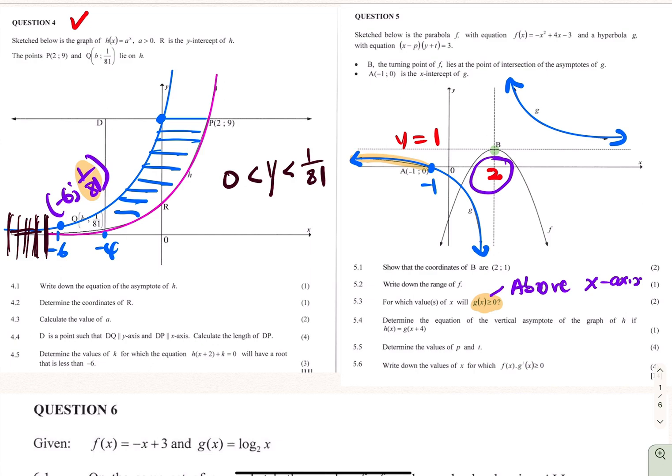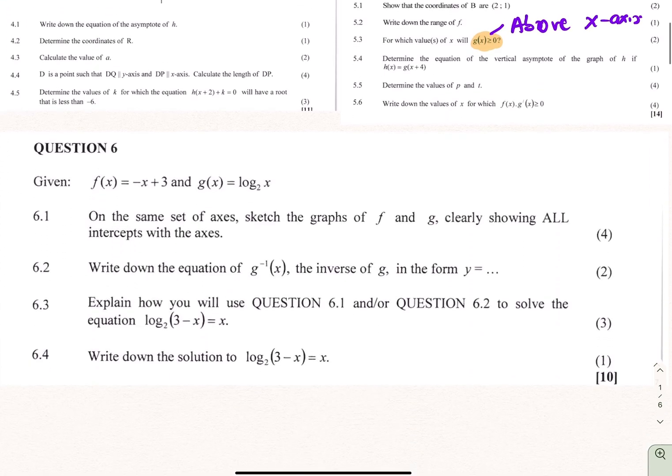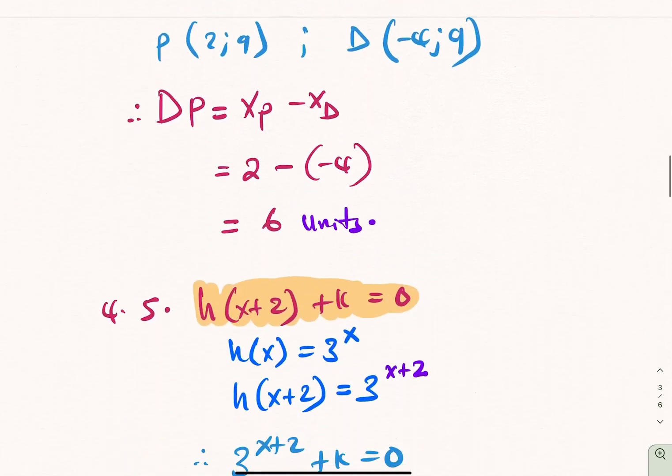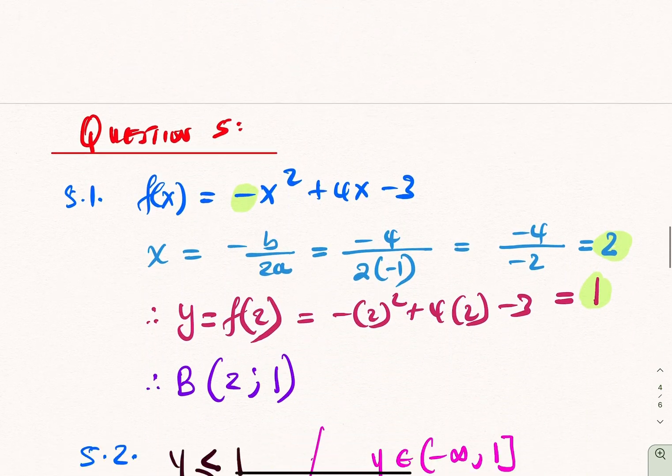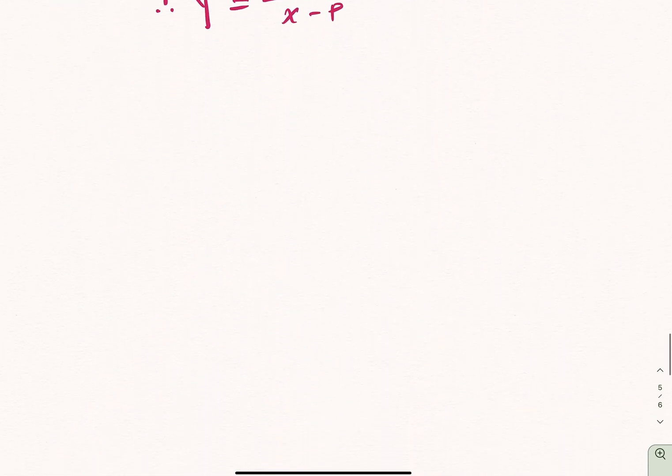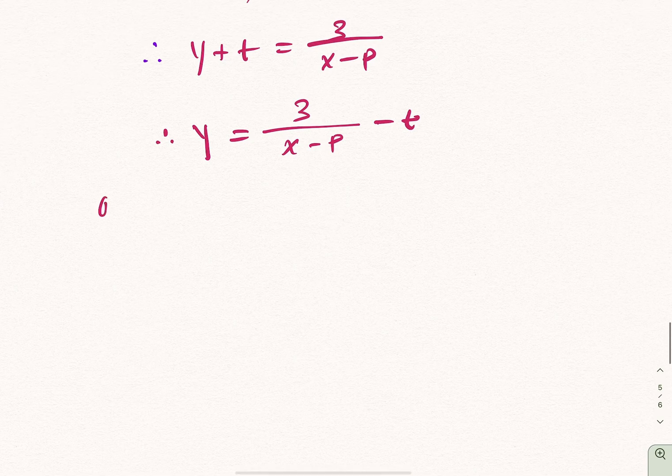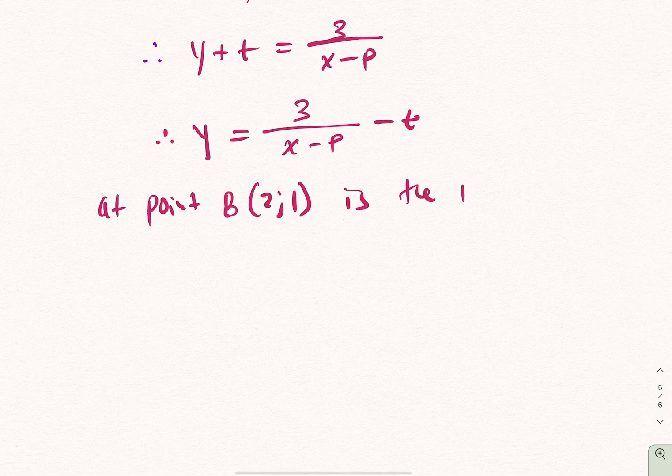But you can see that if you are to solve for T, let me say that at point B, which is 2 and 1, point B is the intersection.